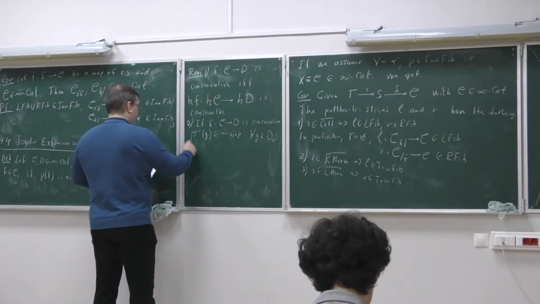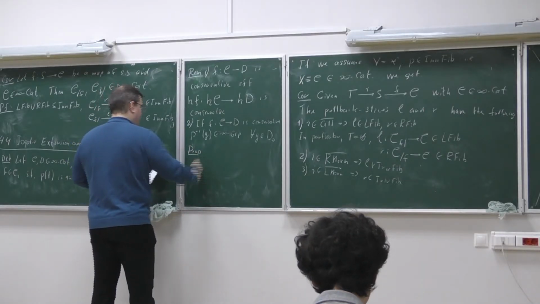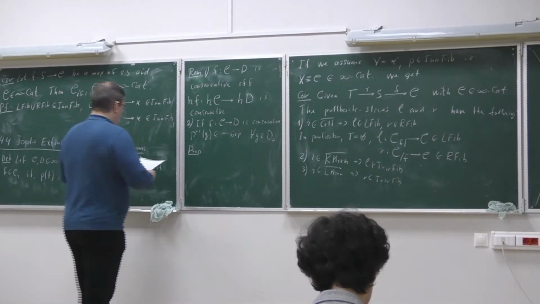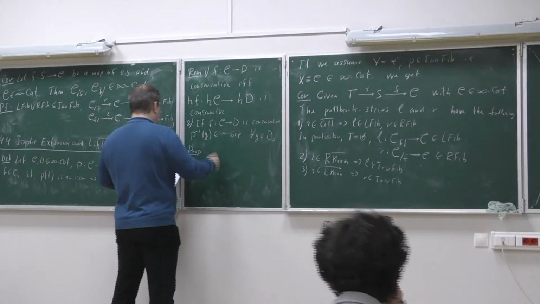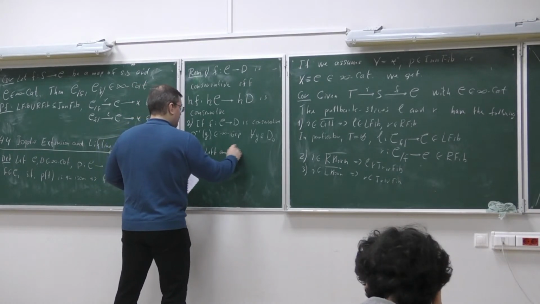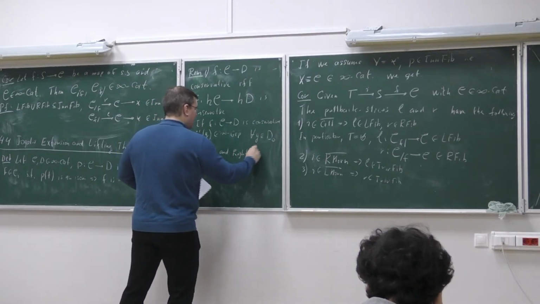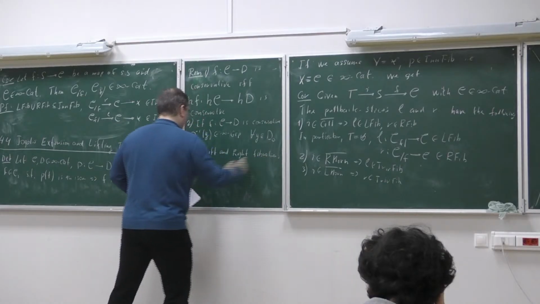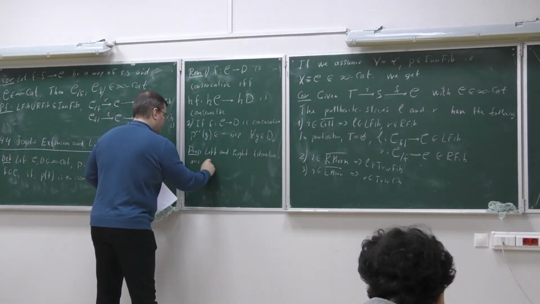Okay. There are actually many examples of conservative functors, and this is important for the theory building of infinity categories. So, for example, left and right fibrations are conservative.